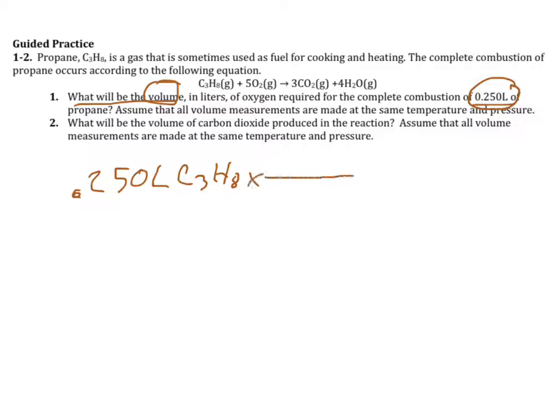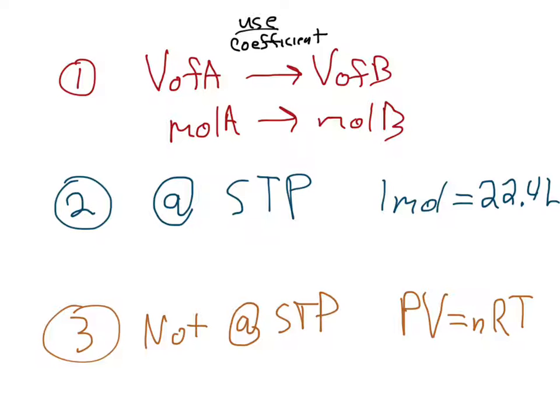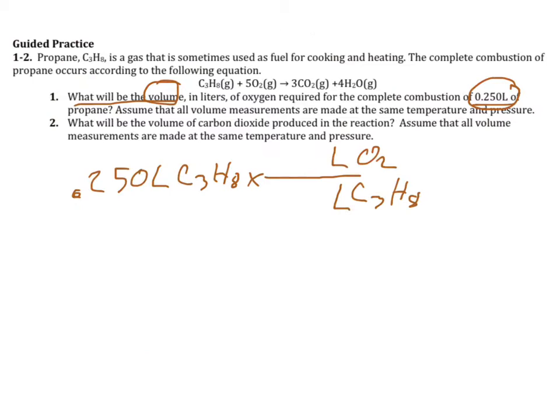And we're going to go from liters of propane to liters of oxygen gas. And this is just like a mole-to-mole problem. So again, we can go from volume of one substance to the volume of another substance. And it's just like a mole-to-mole problem where we use the coefficients. And so what is the coefficient for the propane here?